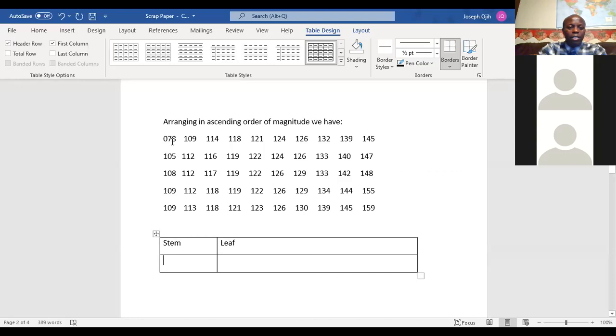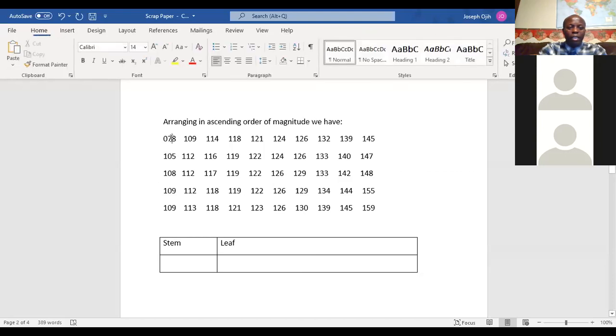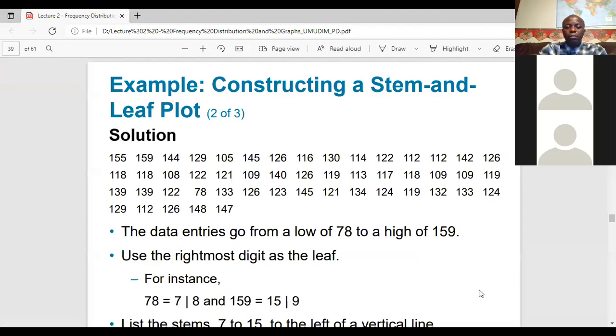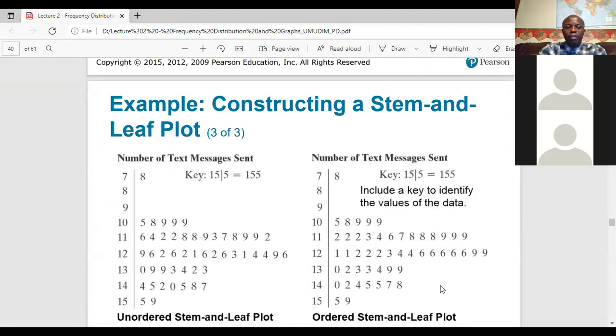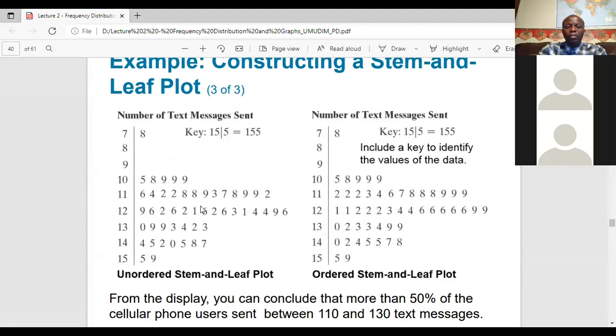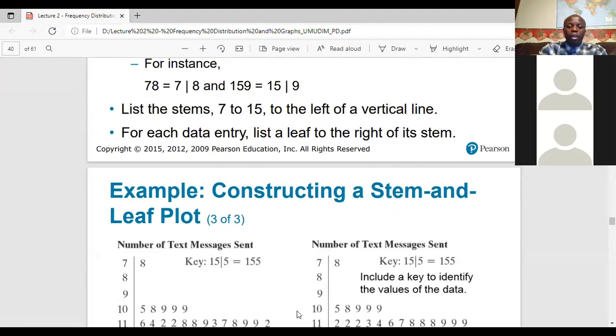So this is the stem right here, 0, 7, which is 7. You can see that once you put them in order, the first 2 digits here are 7, right? Then the first 2 digits are 10, 11, all the way down. So I see 7, 8.